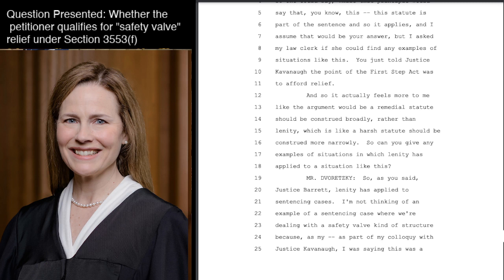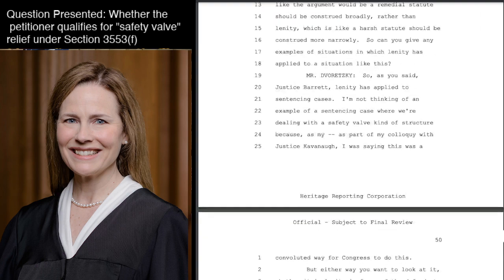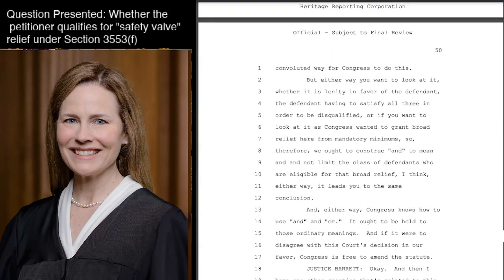So as you said, Justice Barrett, lenity has applied to sentencing cases. I'm not thinking of an example of a sentencing case where we're dealing with a safety valve kind of structure, because as part of my colloquy with Justice Kavanaugh, I was saying this was a convoluted way for Congress to do this.